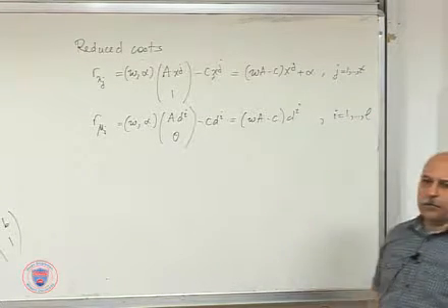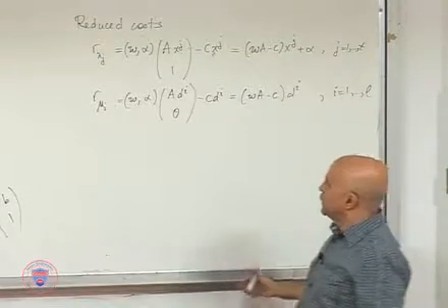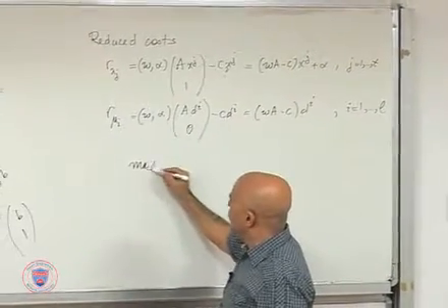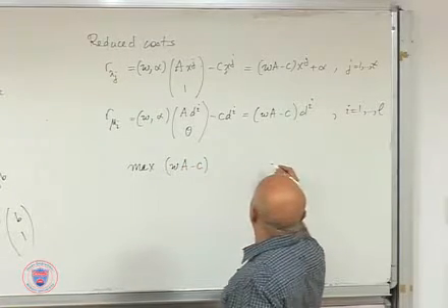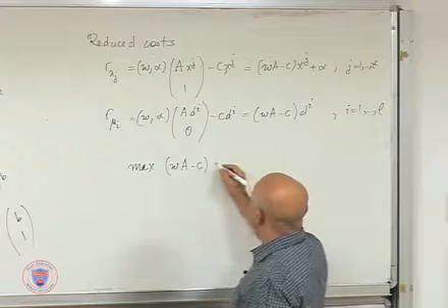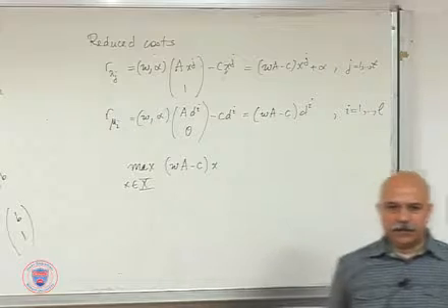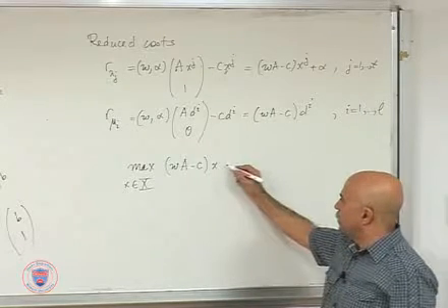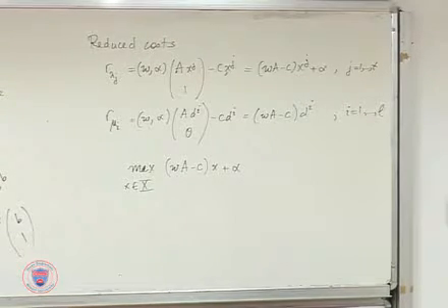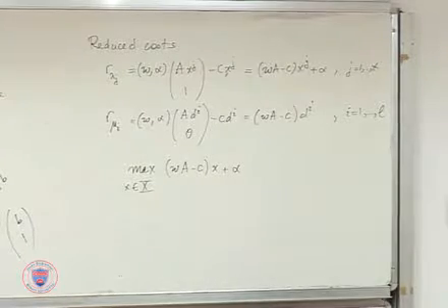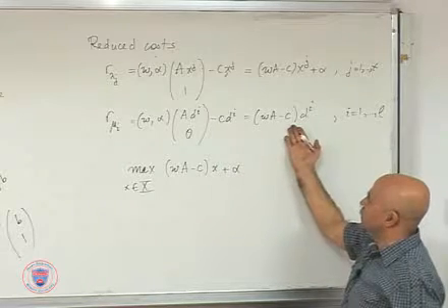And you're looking for the maximum of these reduced costs of the two kinds. So looking for the maximum of them amounts to solving this subproblem with x, where x is restricted to capital X. Now I'm going to add alpha here, which is actually in the first type of reduced cost, but it's not in the second type.